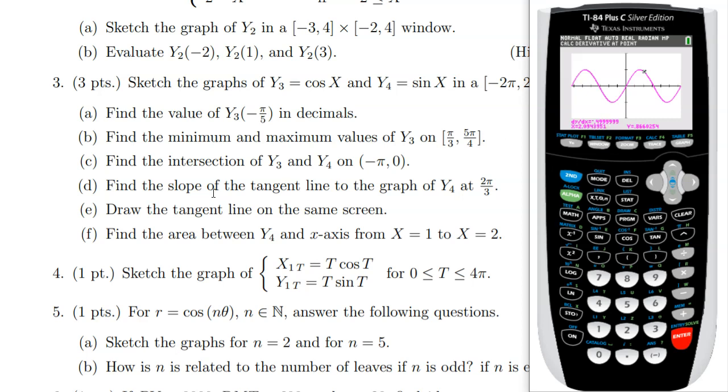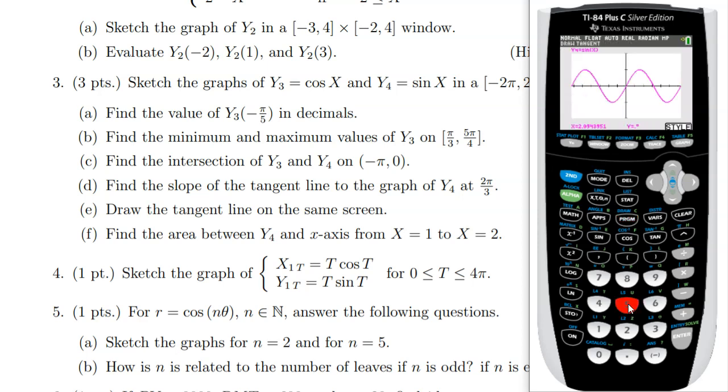And the next one is to draw the tangent line on the same screen. So we're talking about the tangent line at that point. To draw a tangent line, we can go to second program, that's draw, and number 5 is the tangent.